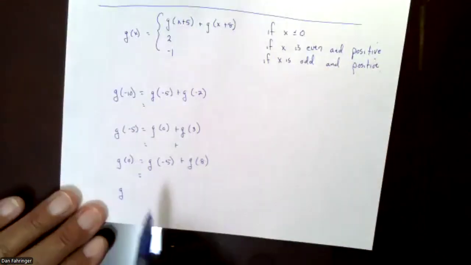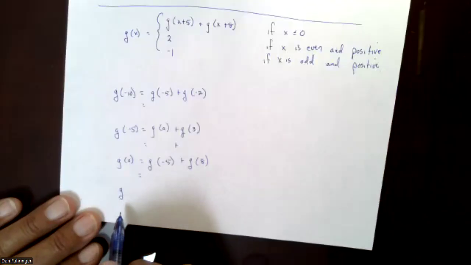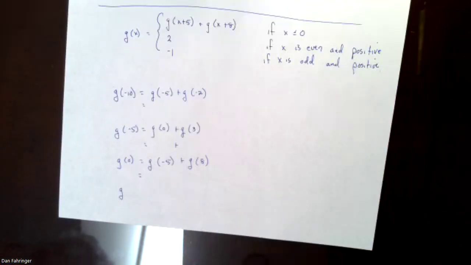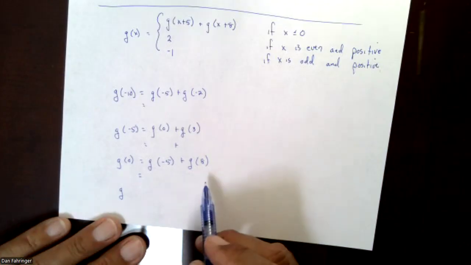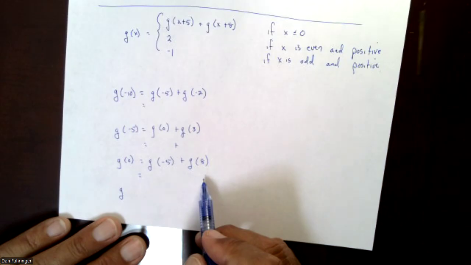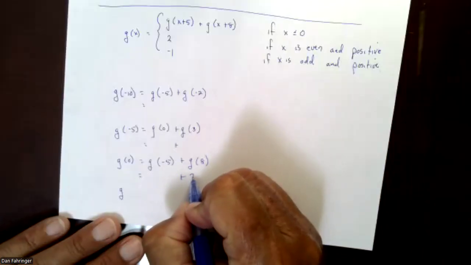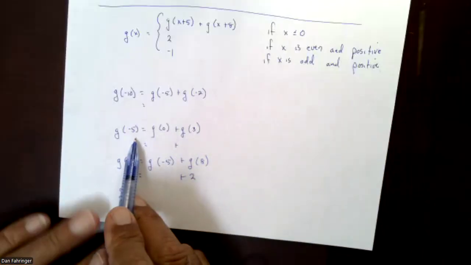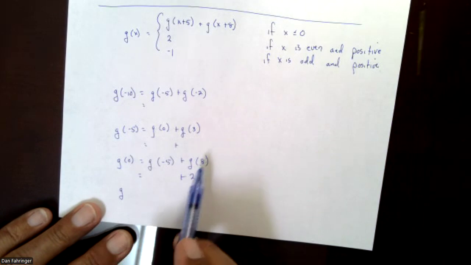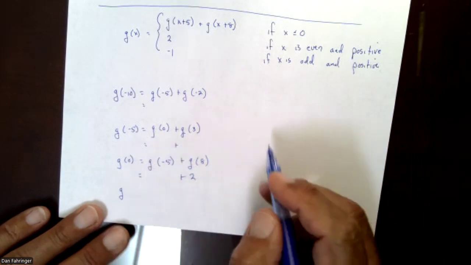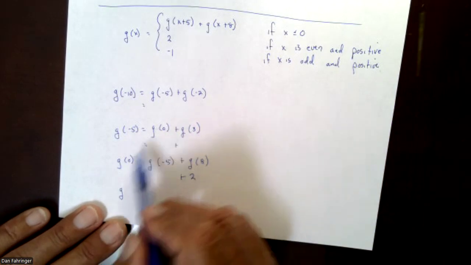In a minute, I'm going to need a g of negative 5. What's g of 8? It's even and positive, so that's going to be 2. G of negative 5, I don't know yet, right? So I can't even put it in there until I find g of 0.